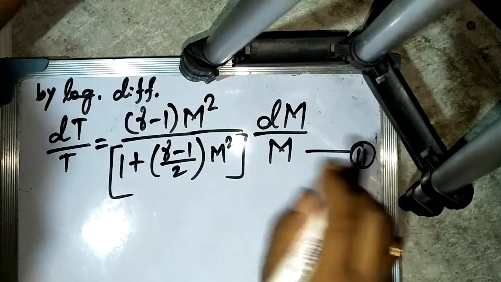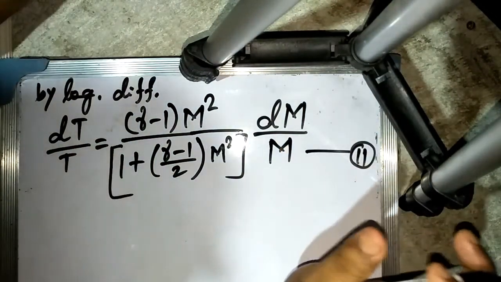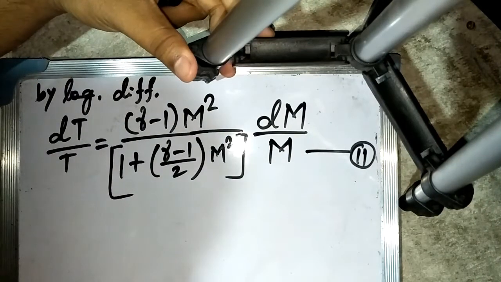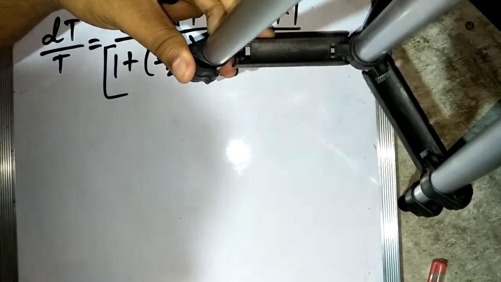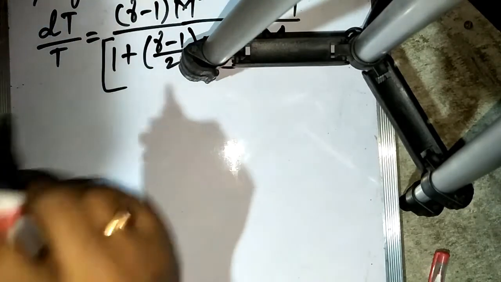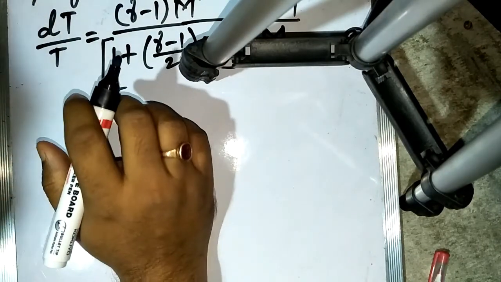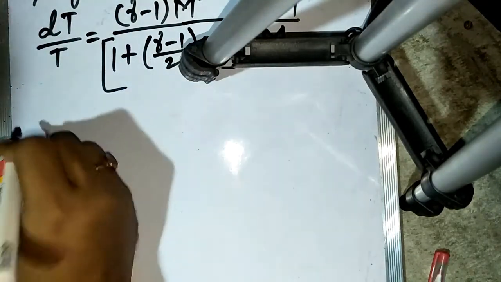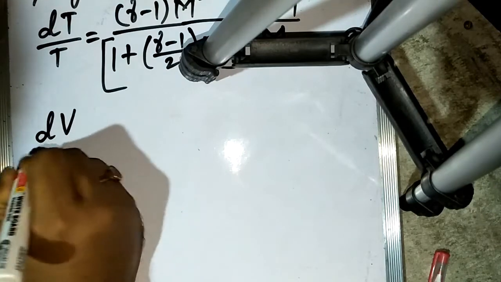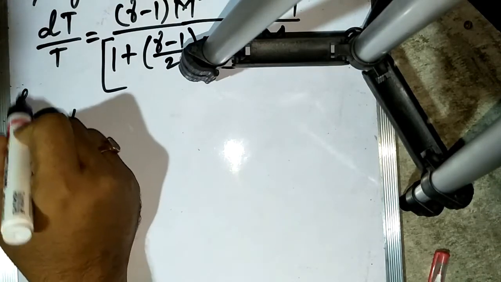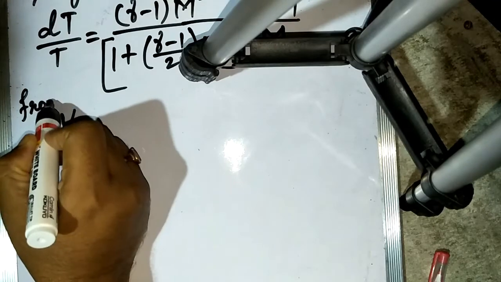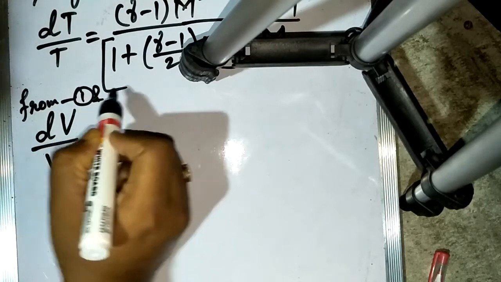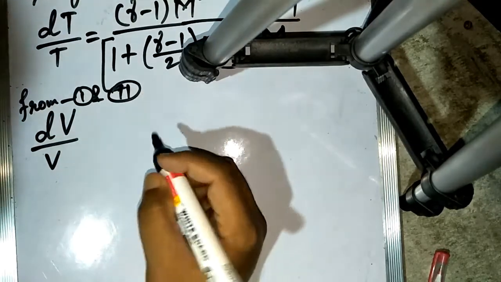So by substituting the equation number 2 value into equation number 1, we get the value of dV/V. Let's write from 1 and 2.